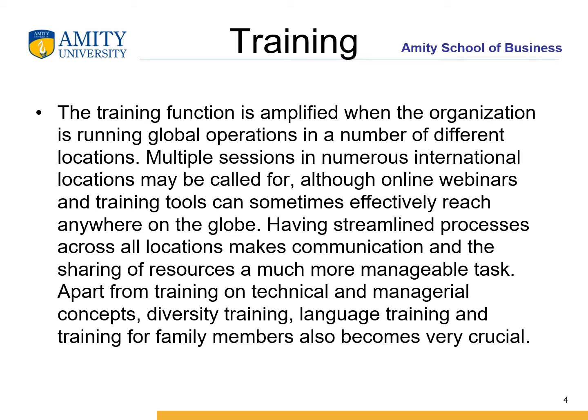Having streamlined processes across all locations makes communication and sharing of resources a much more manageable task. Apart from training on technical and managerial concepts, diversity training, language training, and training for family members also become very crucial in international HRM.